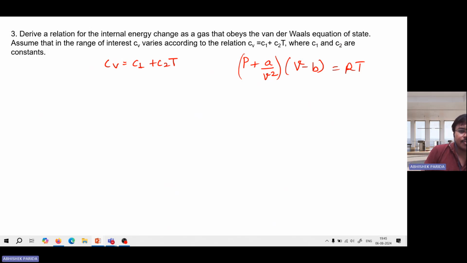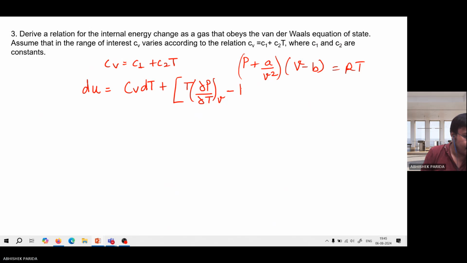Okay, so let's start. First of all, write what is dU. dU is equal to Cv dT plus T into dou P by dou T at constant specific volume minus P, into dV.